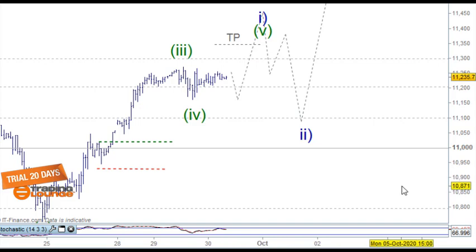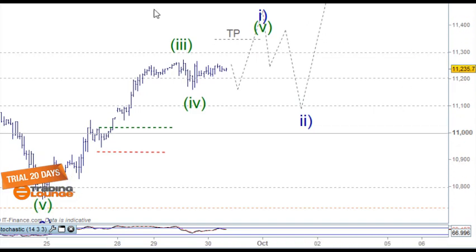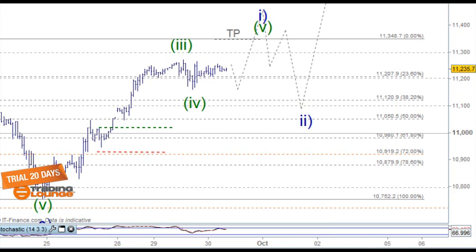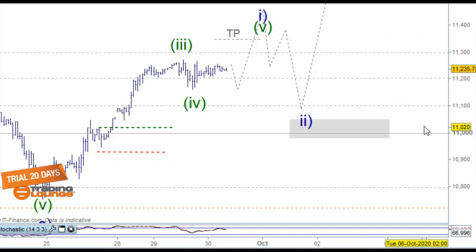That would leave, taking that and that. Once again, not that it has to pull down to here, but that could be where we're looking at here.